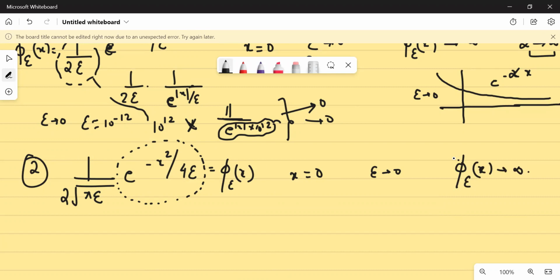Now, if I just try to see how the function behaves if x is not equal to 0.